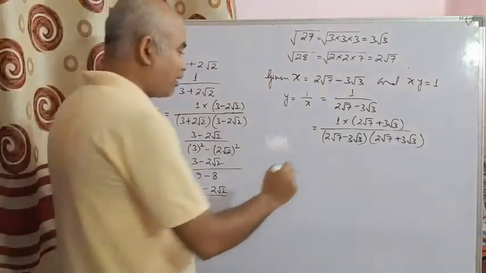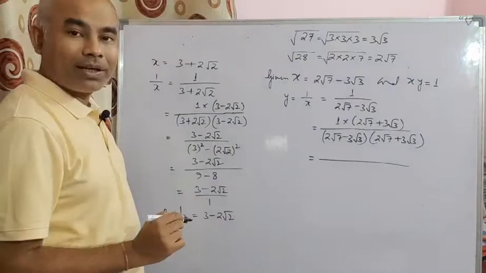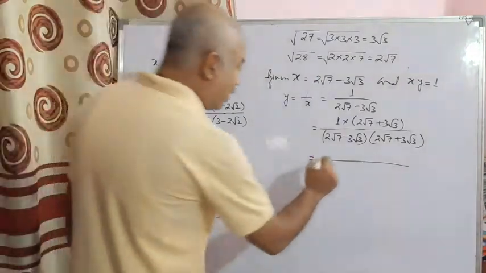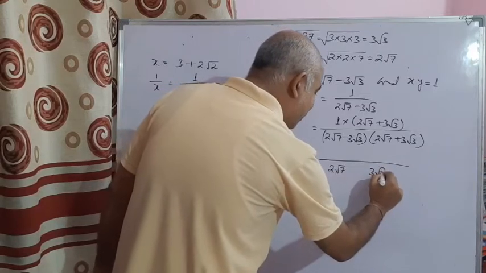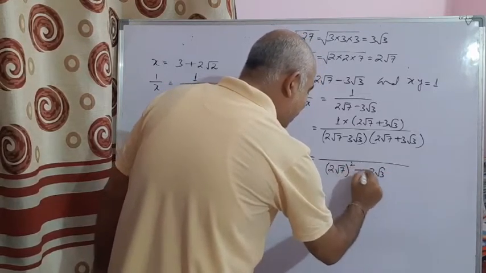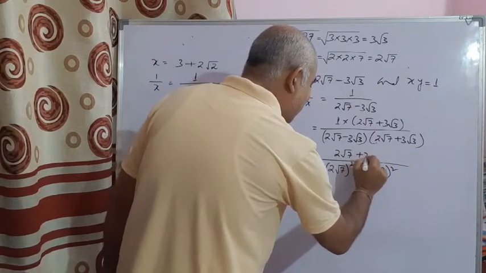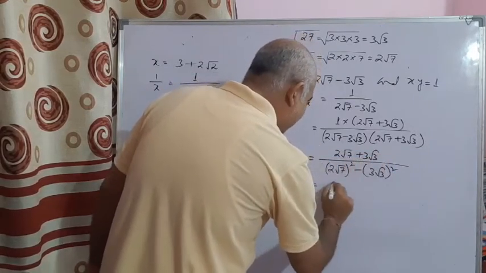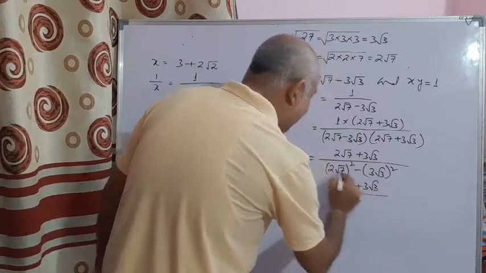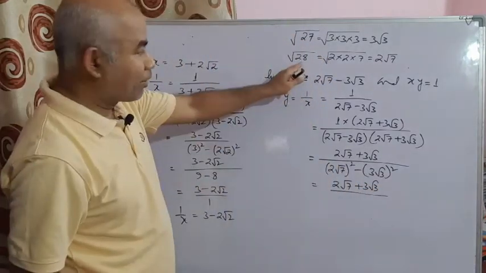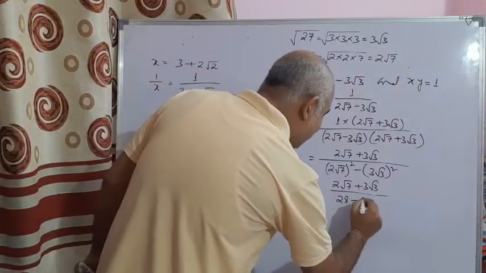Here again we can use the identity a minus b into a plus b is equal to a square minus b square. a means the first term, which is 2 root 7, and b is the second term, 3 root 3. Let me square them and subtract. The square of 2 root 7, all of you know, is 28, and the square of 3 root 3 is 27.